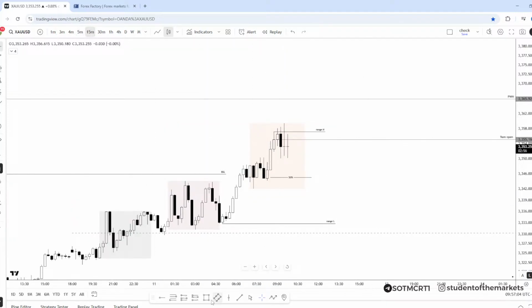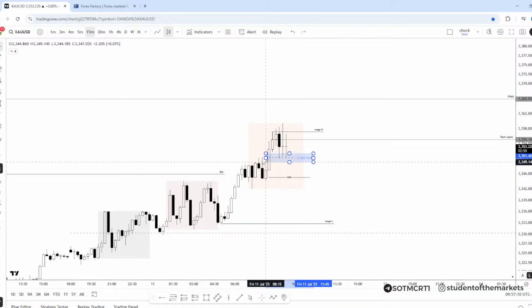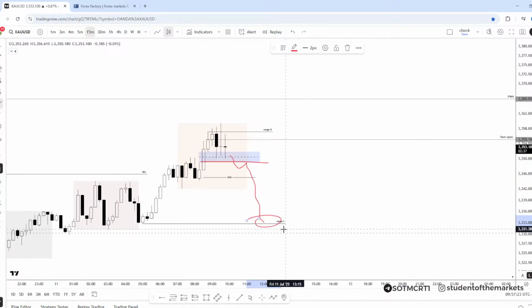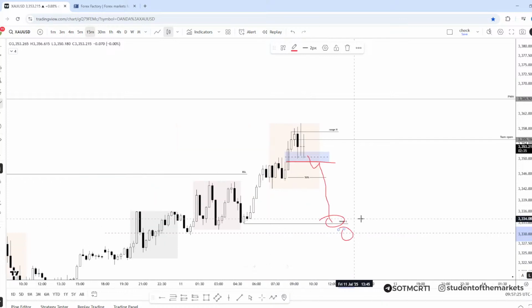Now, if price manages to close below here, below this fair value gap, we can expect price to push down and then go to the range low and potentially hit the previous day high, which is here.